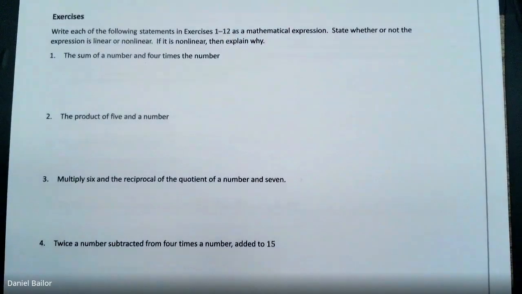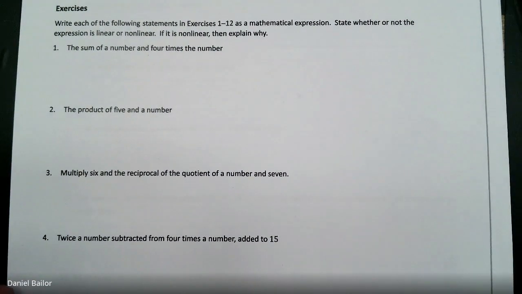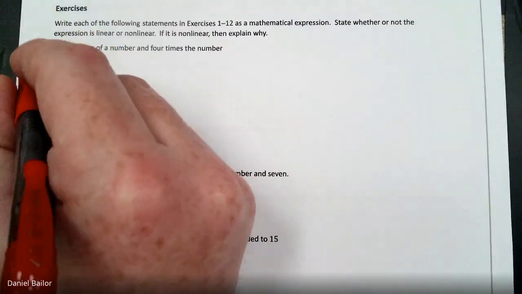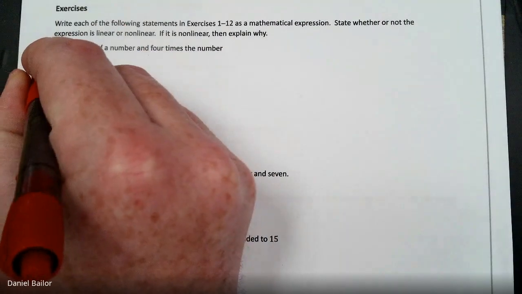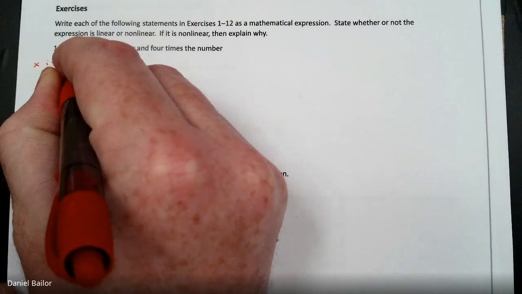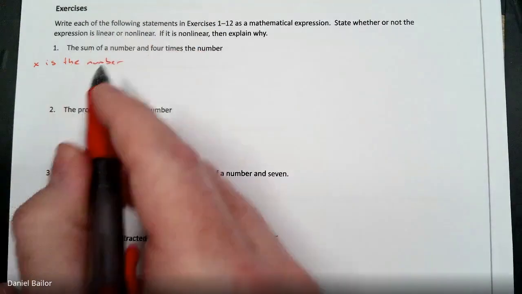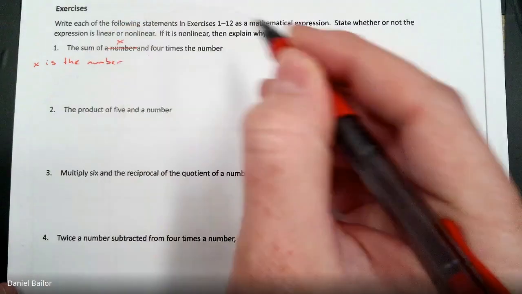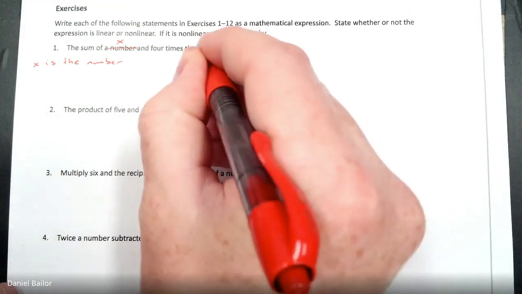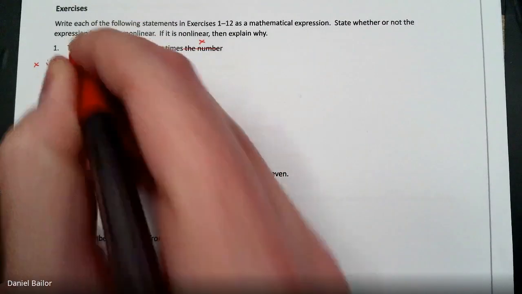So number 1 says the sum of a number and 4 times the number. Well, just like in lesson 1, the first thing we do is tell what our variable is going to be. I'm going to say x is the number. So instead of number, I'm going to put x. So the sum of x and 4 times x. Now it says the sum, which tells me I'm going to be adding.